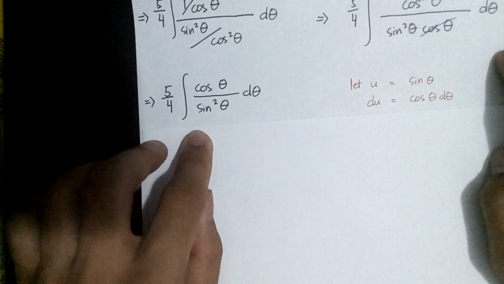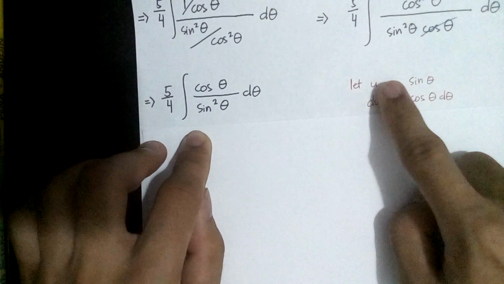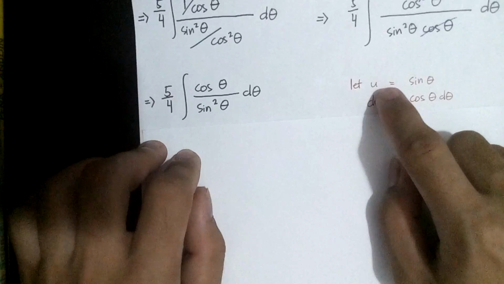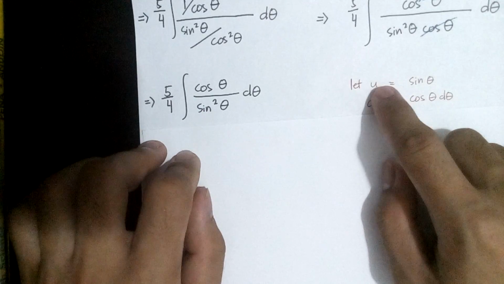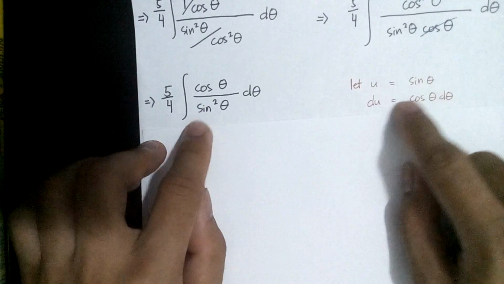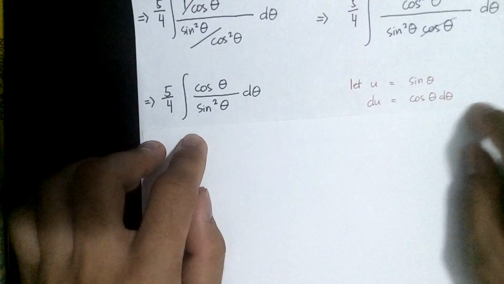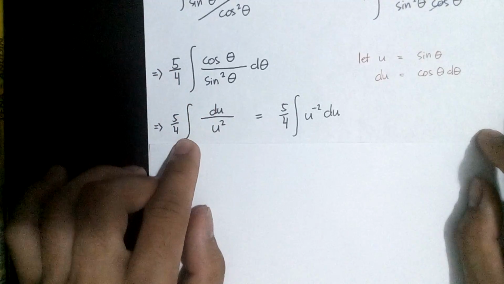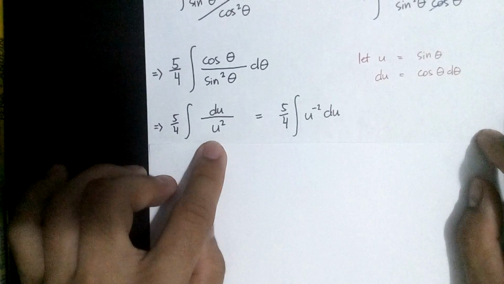And now, we can use substitution in order to solve for the integral, or the antiderivative. So let u equal sine theta, du equal cosine theta d theta, which gives us the following: du over u squared.